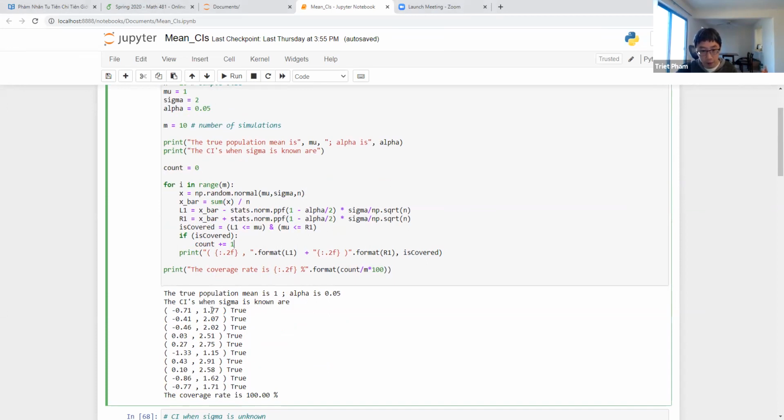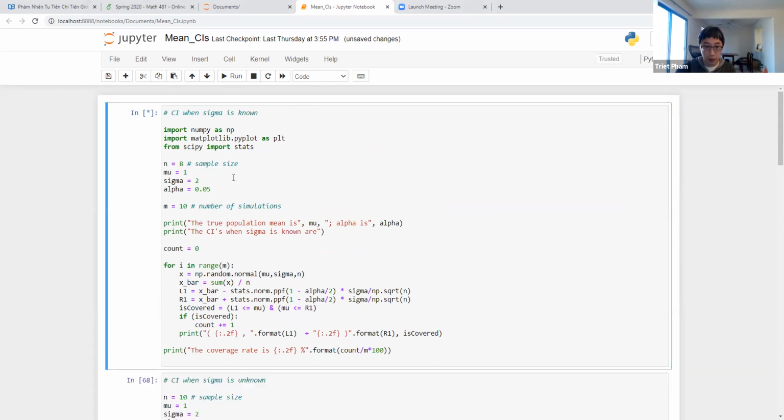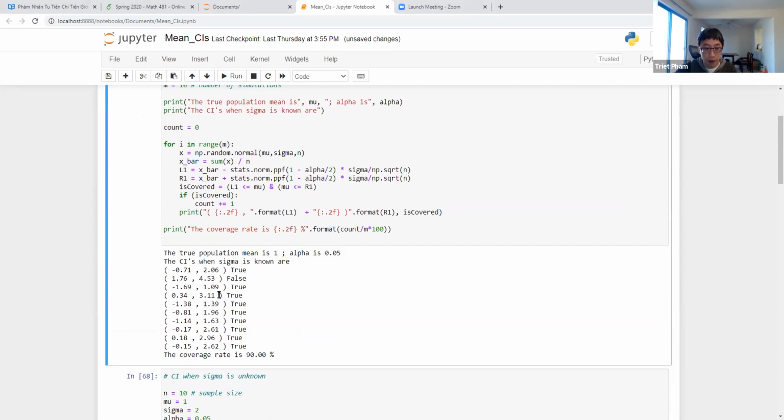So here I form 10 confidence intervals from a sample of size 10. Let me change the sample size to 9 or 8, it doesn't matter. So right here, I form 10 confidence intervals. And you see, even though the alpha is 0.05, I missed the coverage of 1.